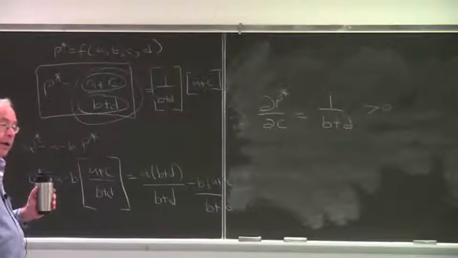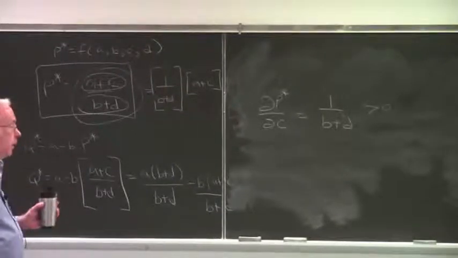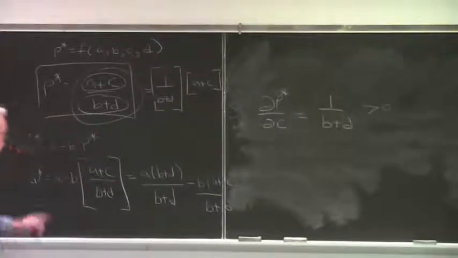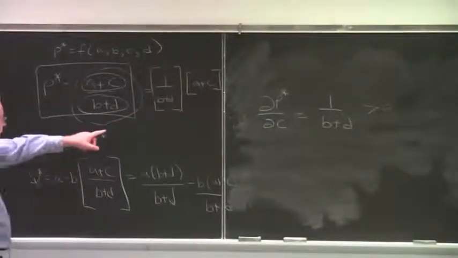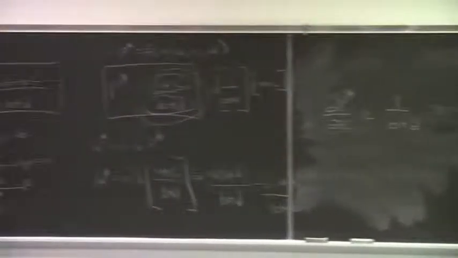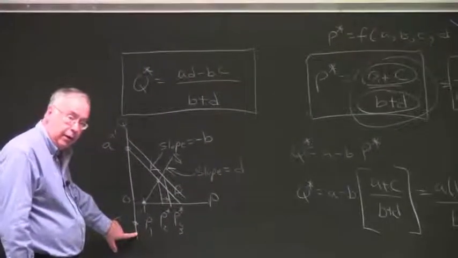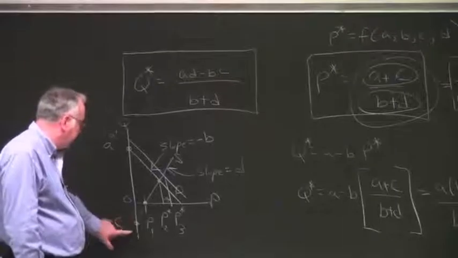P star goes down. Exactly. C and P star move in the same direction. And actually that makes sense if you think about it, because minus C is the intercept. So as C gets bigger, the supply curve actually shifts downward because the intercept is minus C.